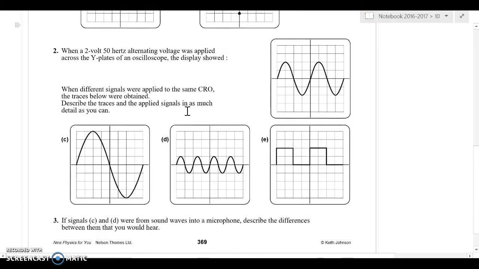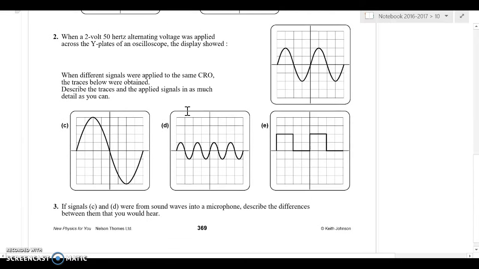So question 2 is slightly more tricky, but it still won't take you very long. When a 2-volt 50 Hz alternating voltage was applied across the Y plates of an oscilloscope, don't worry about the Y plates bit, the display showed this. You'll be able to work out, using this information here and the trace here, how many volts each square up represents, and how many milliseconds each square across represents.